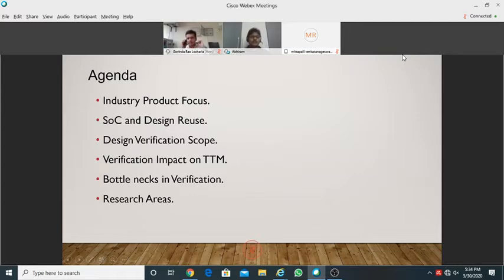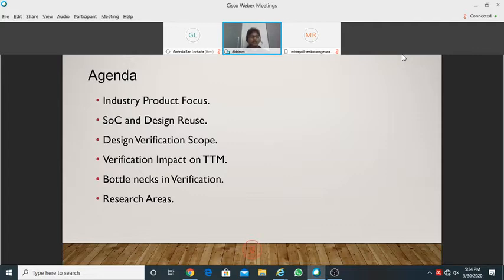Agenda, I would like to focus on these areas. Basically, I would like to start with the industry product focus, meaning how industry products are classified, and the industry trend of SOCs and design reuse, followed by the design verification scope, and then the verification impact on the time to market.